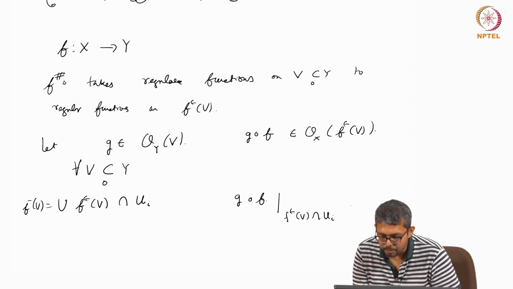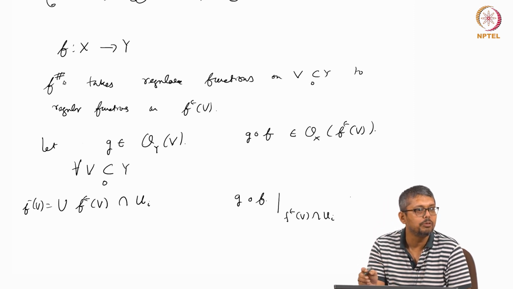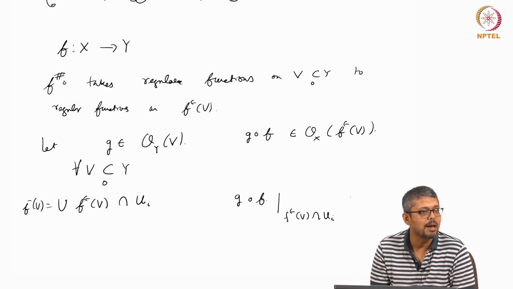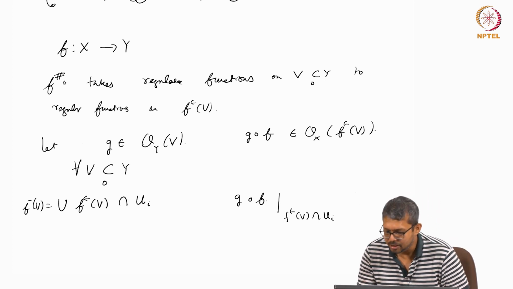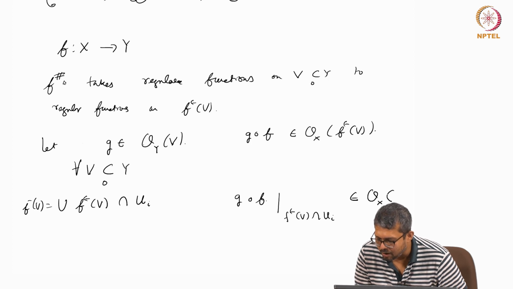But because U_i to V_i is a map of affine varieties, this belongs to O_X of U_i.